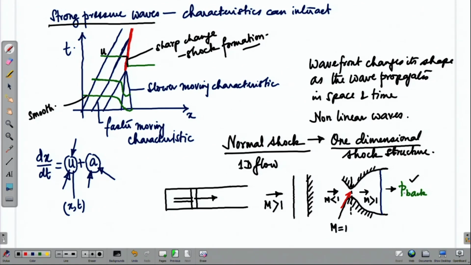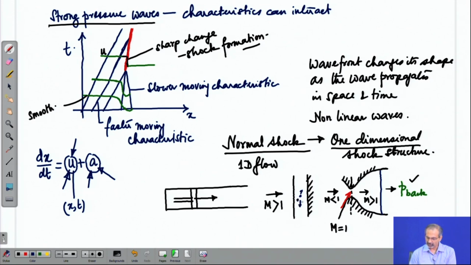Why at all is a normal shock formed? From a molecular motion perspective, we have tried explaining it earlier from the characteristics point of view. Now, let us try to explain it from the microscopic point of view, that is, through molecular motions.